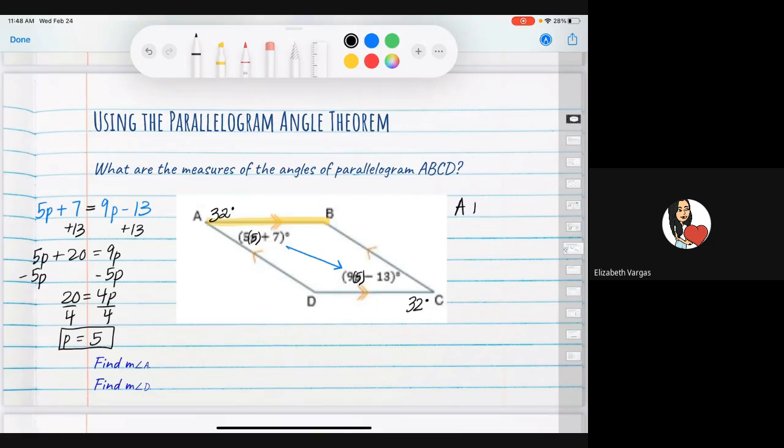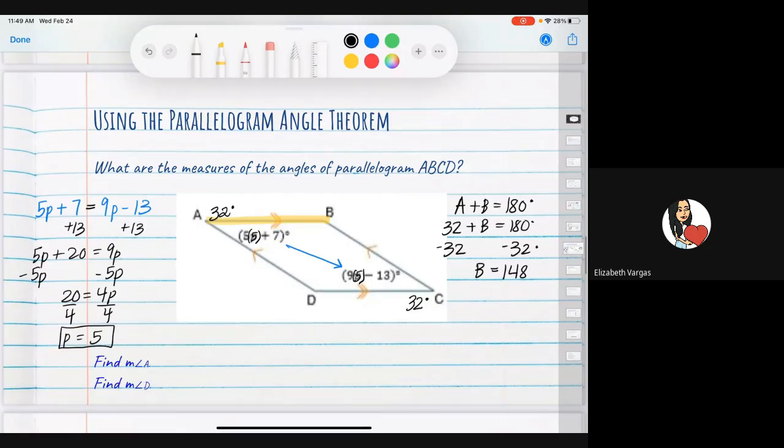So A plus B equals 180, A is 32. So thus B is equal to 148, which is an opposite angle to angle D. So then D is also equal to 148.